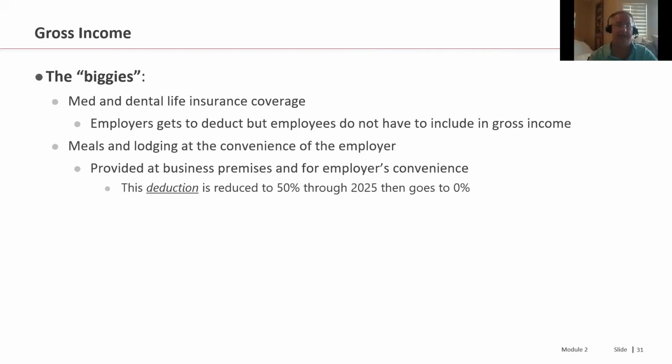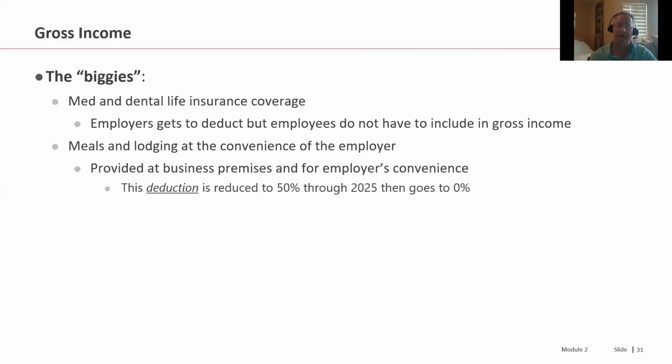Meals and lodging at the convenience of the employer. So if you work somewhere like Google or Facebook, and they have a company cafeteria, that's provided on the business premises and for the employer's convenience, then the employer deducts it and the employee doesn't include the value of that, whatever the subsidization is for the meals, in their income.